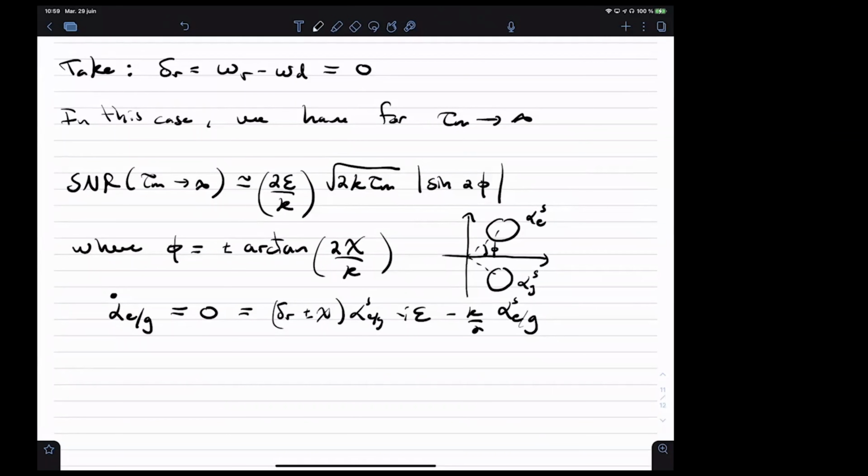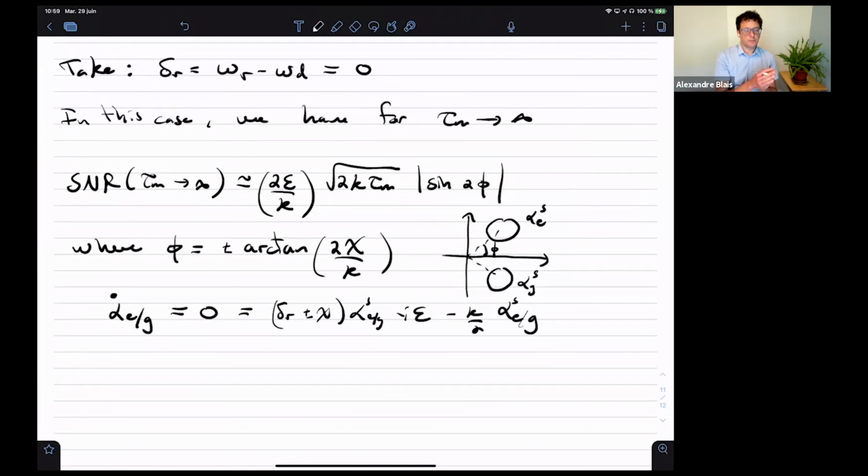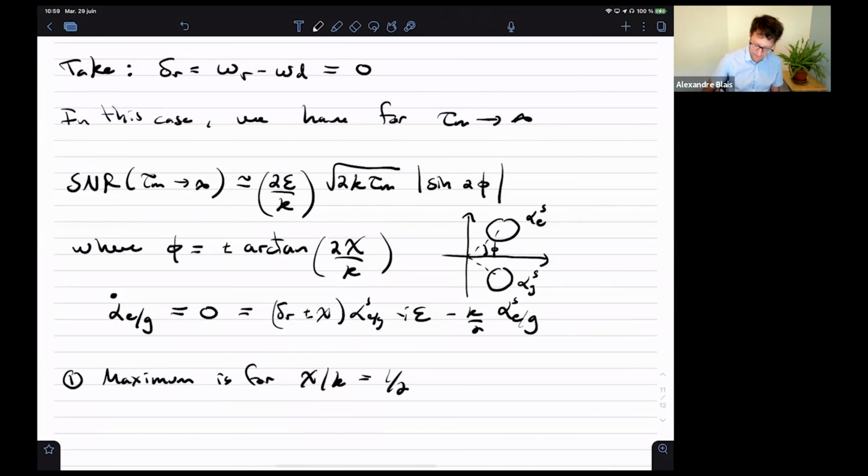What are the strategies now that we have this formula to optimize the SNR? Well, there are multiple strategies. One is to notice that the maximum is for chi over kappa equals 1/2.